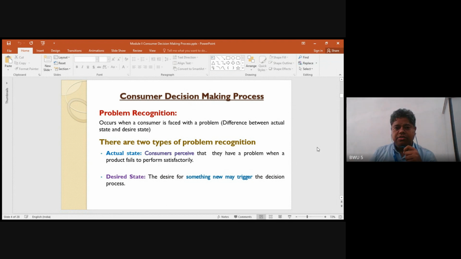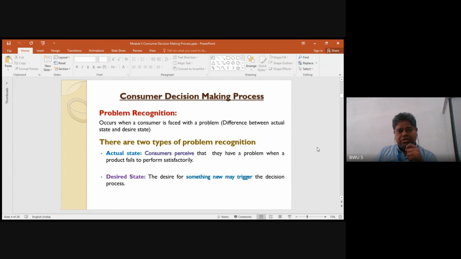Another is the desired state, the desire for something new. You have been using a product, very good, but you want something different, something more. So there is a difference you should try to understand. One is the actual state, where you perceive the existing product is not able to satisfy you.